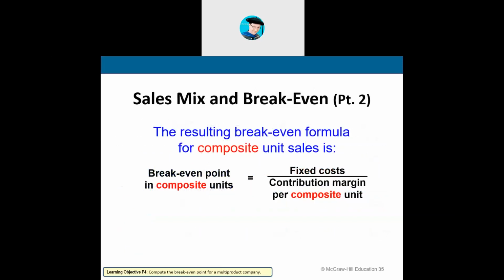So to find this, we take the fixed cost divided by the contribution margin for all units, or what we call a composite unit. A composite unit is a combination of all the different products that you're selling. So it's the contribution margin for all the different units that you're selling, added together.